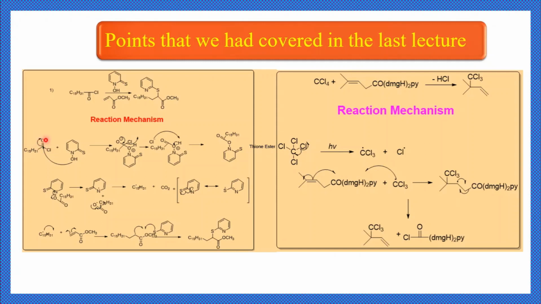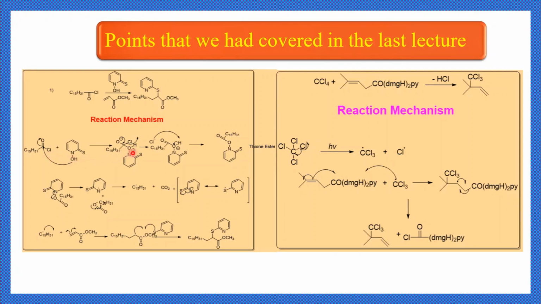You know this carbon-oxygen double bond contains two bonds, one pi bond and one sigma bond. The pi bond is a weak bond because it is formed by the lateral overlapping of p orbitals. So this pi bond easily breaks, and the bond pair shifts onto oxygen. In the next structure, this oxygen forms a bond with this carbon, and there is a negative charge on this oxygen and a positive charge on this oxygen, because this oxygen now has three bonds.